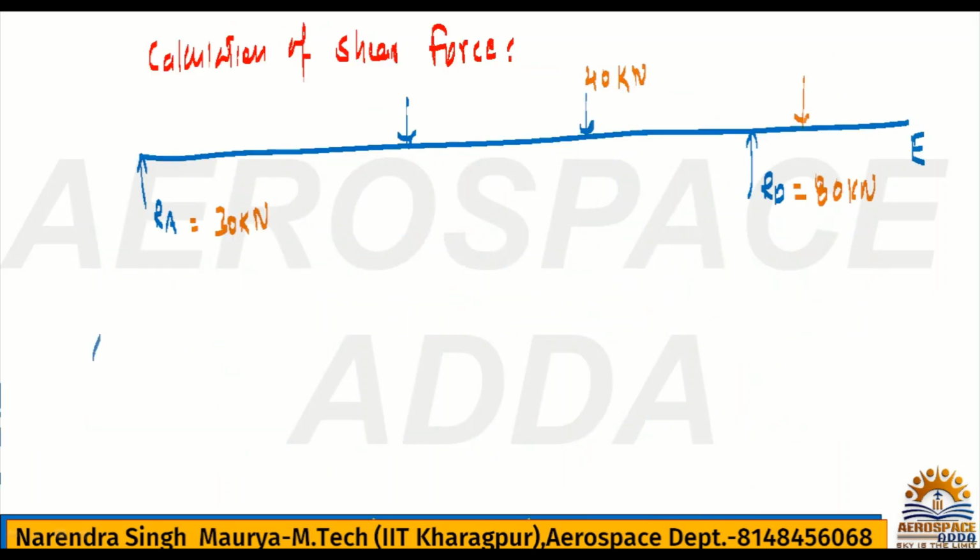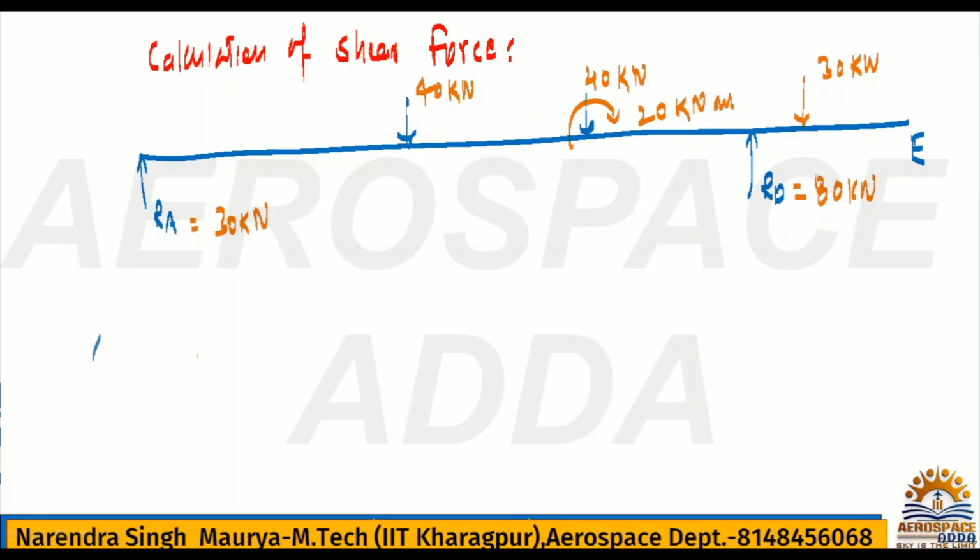The 30 kilonewton, and this is also. And we have a moment, but here we are going for the calculation of only shear force, so the moment is not required at all.